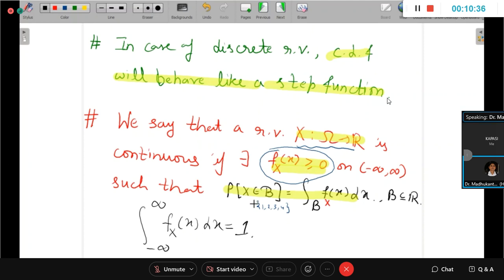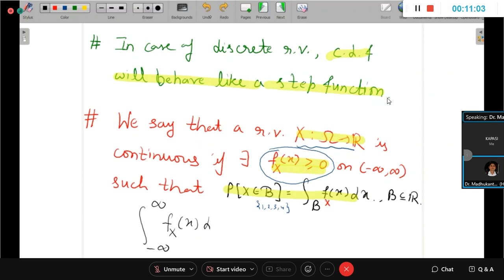So for any subset of real numbers, you can define the probability in terms of an integral, because X can assume values in a continuum rather than in a discrete manner. The summation tends to integration. I hope you have seen such behavior when you talked about the Riemann integral.